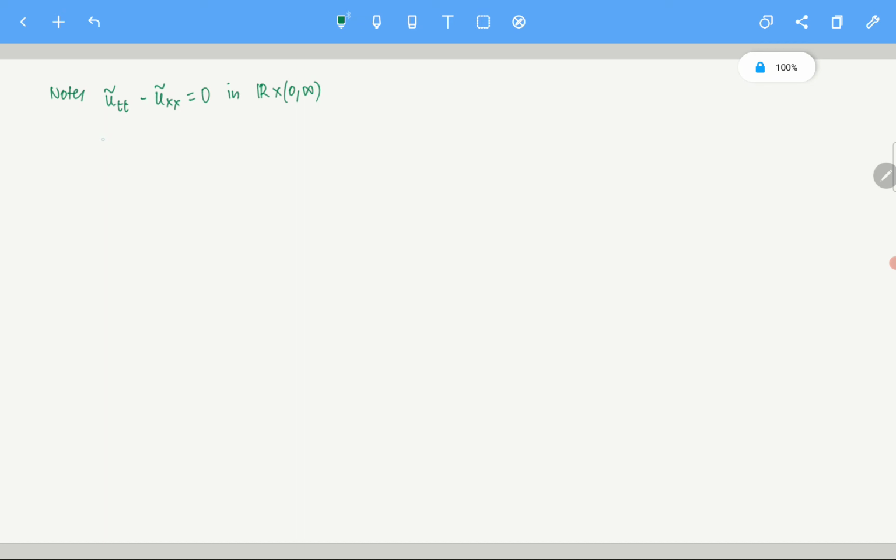And u tilde is going to be g tilde and u tilde t is going to be h tilde on R cross t equals 0. Clear? So please verify this thing. Once you verify this, then you know this problem.